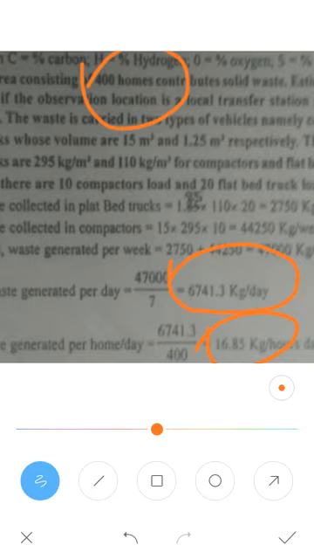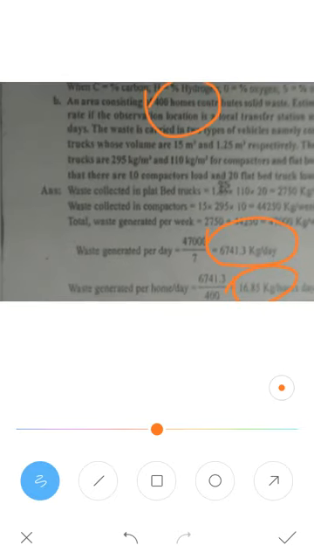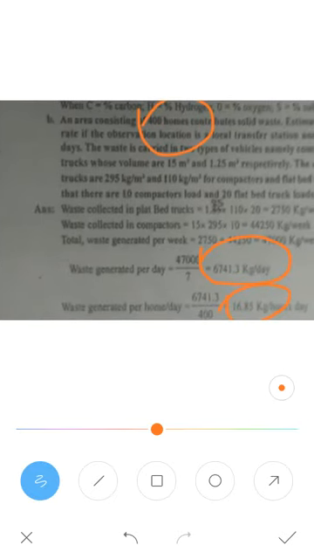Next step: we have determined the waste which is generated per home.